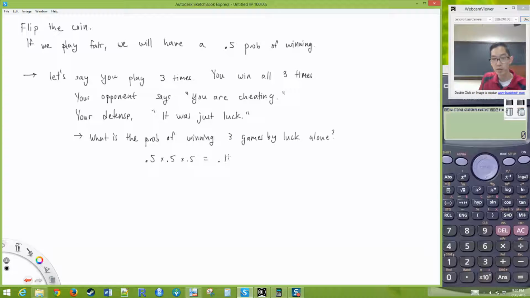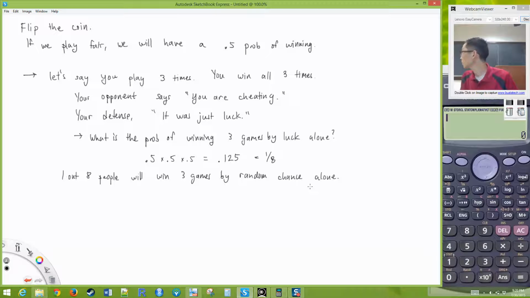So we get 0.125, or 1 out of 8. So essentially, 1 out of 8 people playing this game will win 3 games out of 3 just by random chance or luck alone. Or we might call that luck.